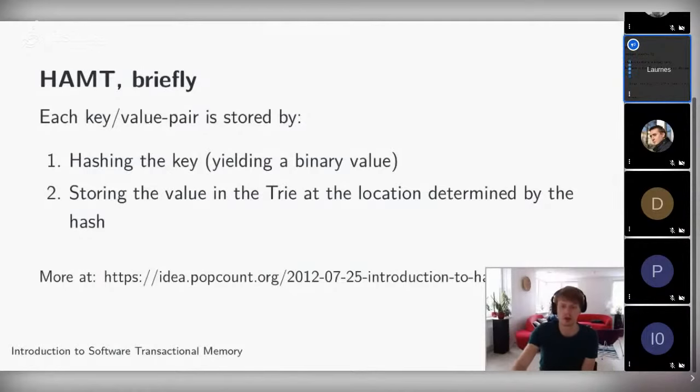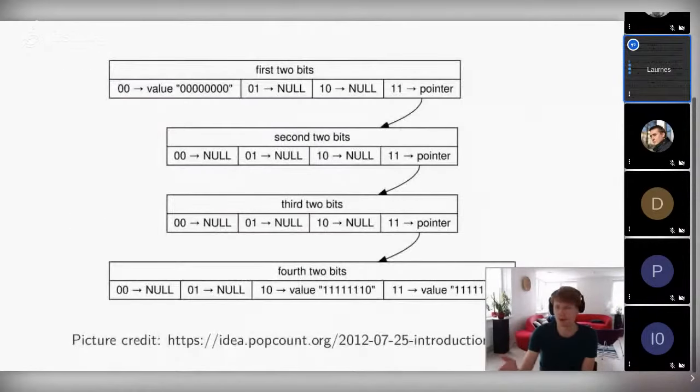And there's this blog post which introduces this, but this picture might also help. So this is a tree which stores a couple of values. Up top, like this is a value, this is a value, and this is a value.